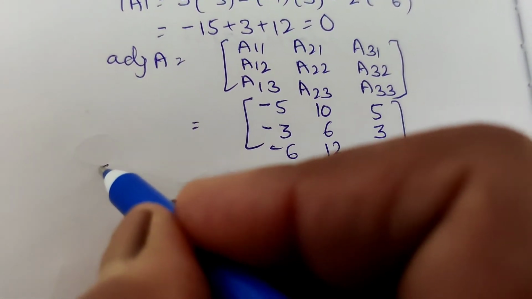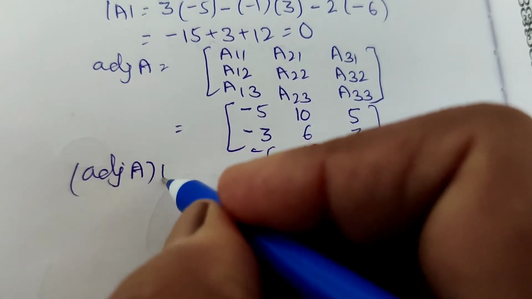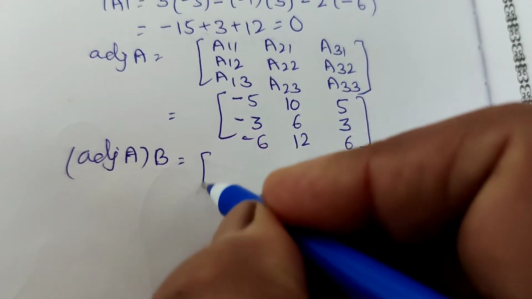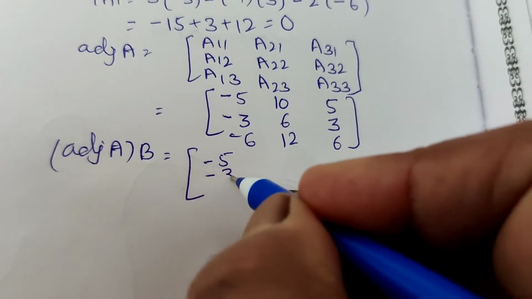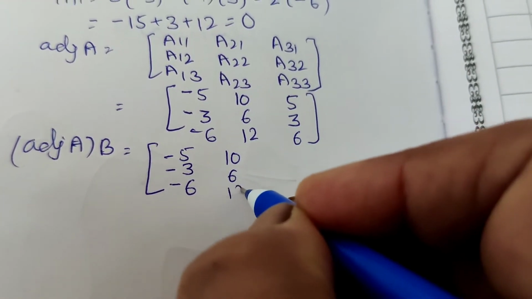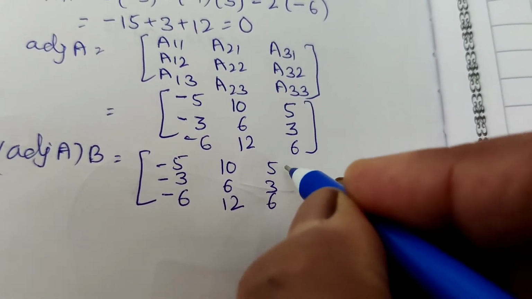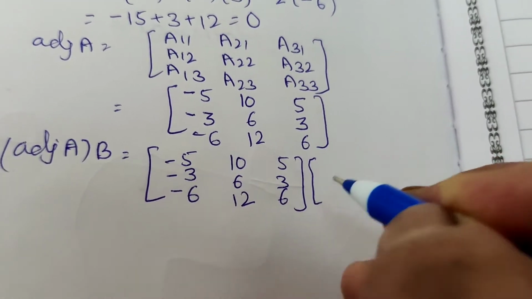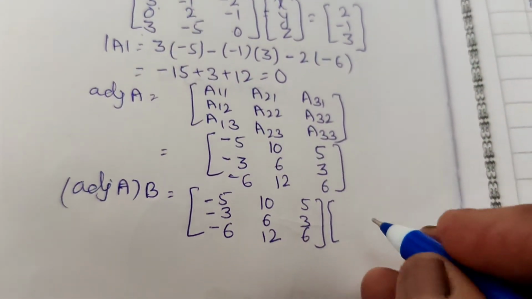Next, adjoint of A multiplied by B. It means minus 5, minus 3, minus 6, 10, 6, 12, 5, 3, 6 multiplied by B, which is 2, minus 1, 3.